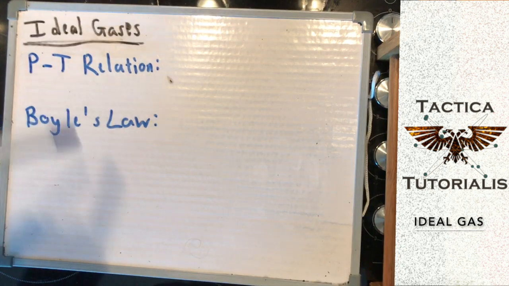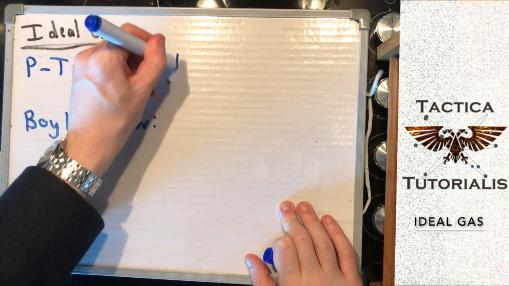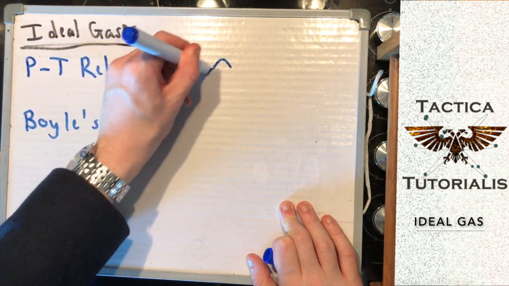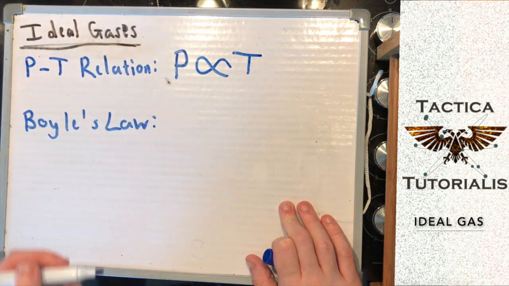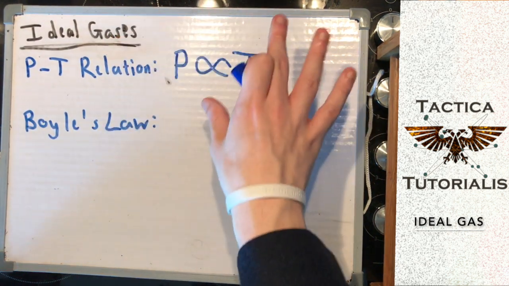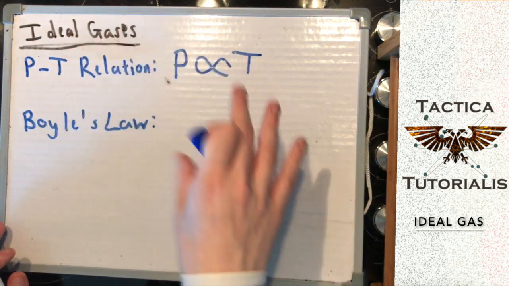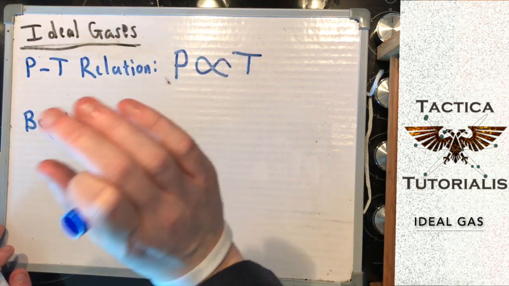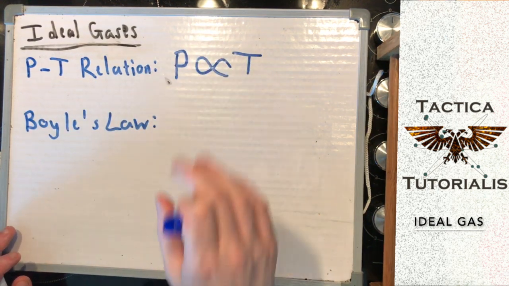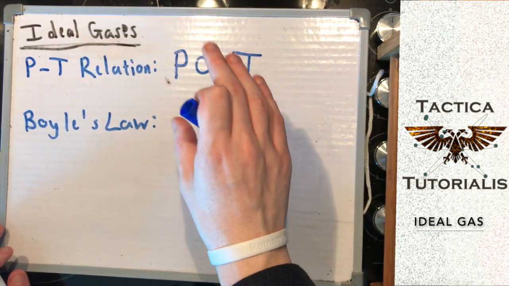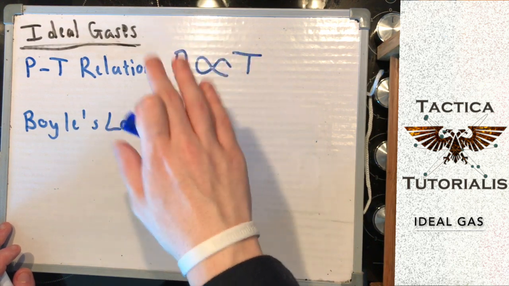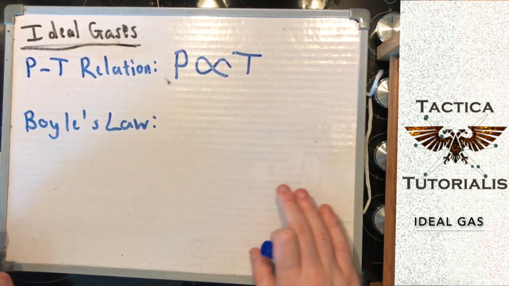So, first off, we need to remember the pressure-temperature relation. We just talked about it. We know that pressure is proportional to temperature. Now, this assumes, of course, constant volume, but when everything starts playing together, this will hold up to an extent. It is not a perfect relationship when you have changing volume, but there is still a relationship.